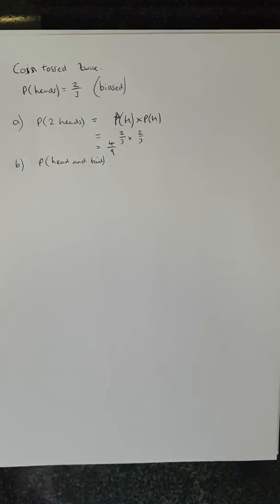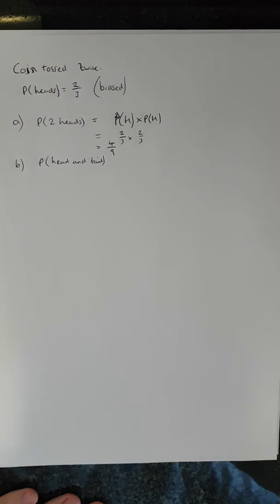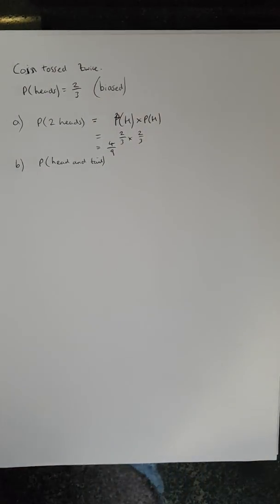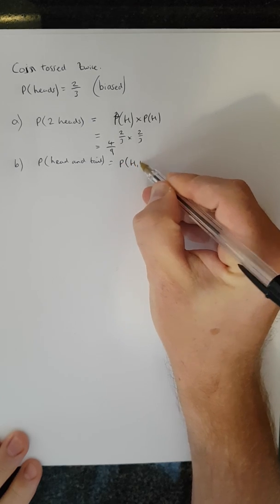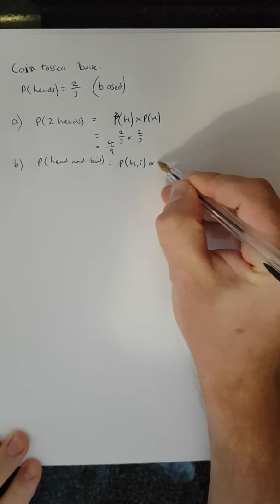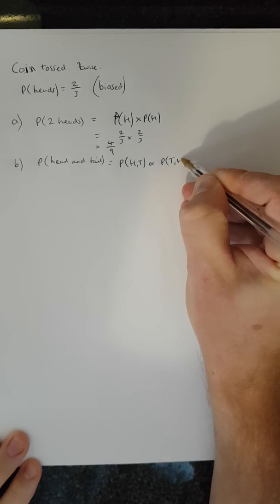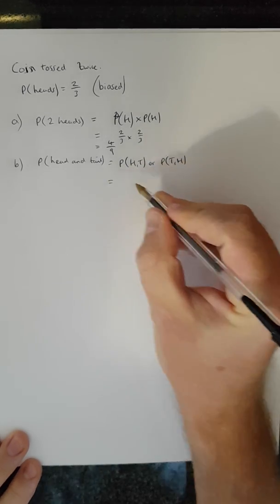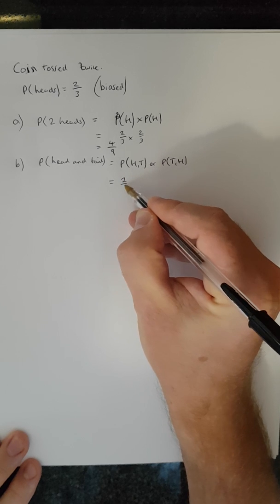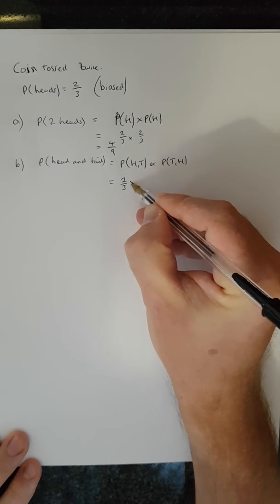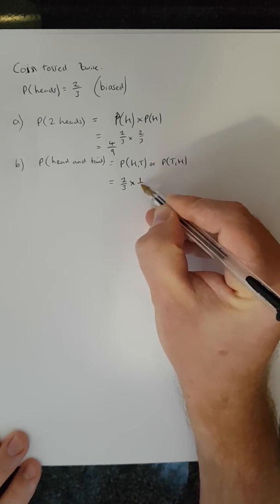A head and a tail in 2 throws is one to watch out for. And if you remember, this could be a head then a tail, or a tail then a head. So a head then a tail would be 2/3, which is a head, multiplied by a tail, which is 1/3.